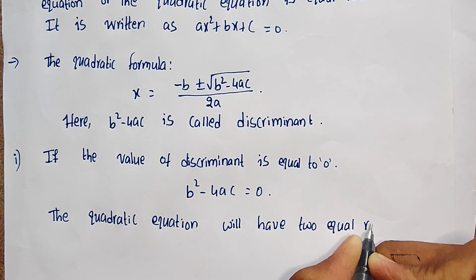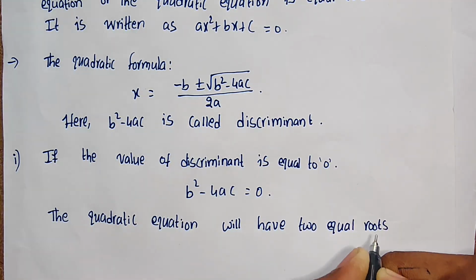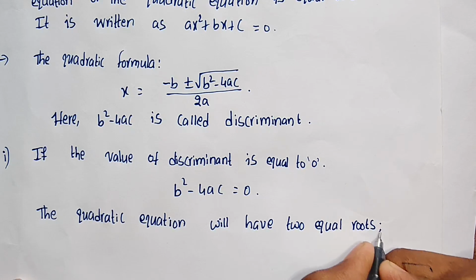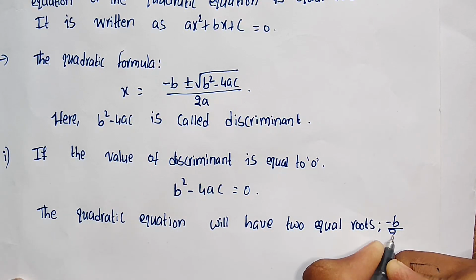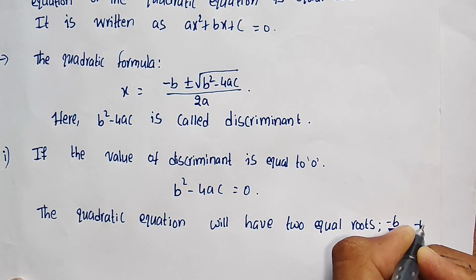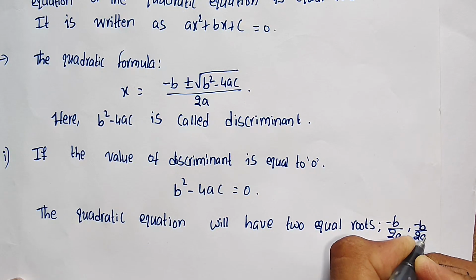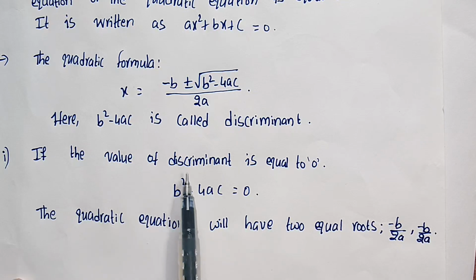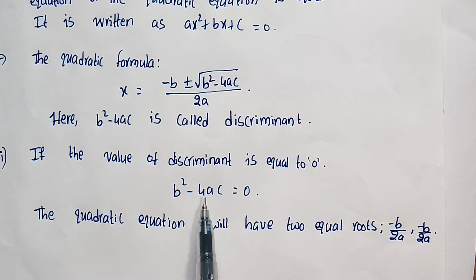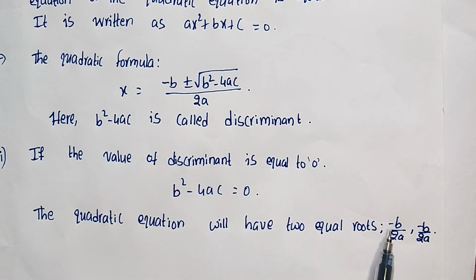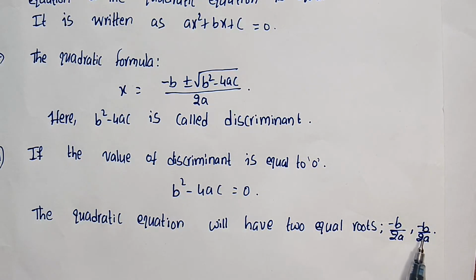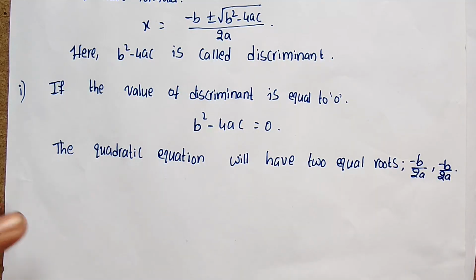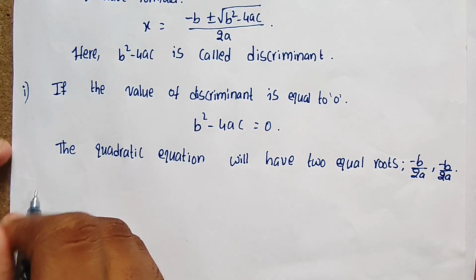They are minus b by 2a, comma, minus b by 2a. So this is the first one.